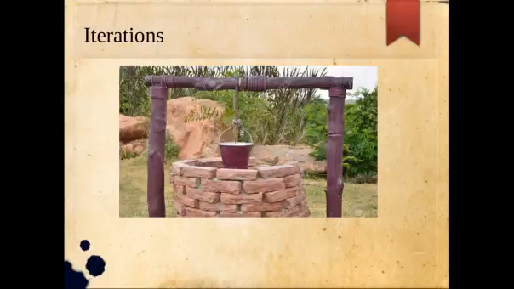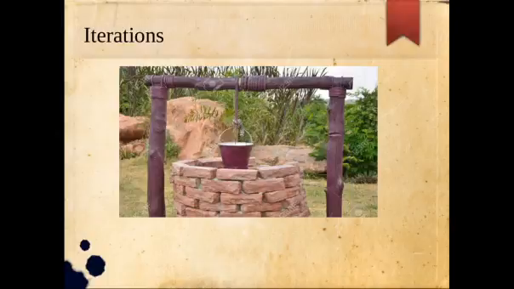Once again I will pull the water, then put it inside the drum or the larger container. Similarly, I have to do this activity 20 times. 5 liters into 20, so that I can draw 100 liters of water from the well.